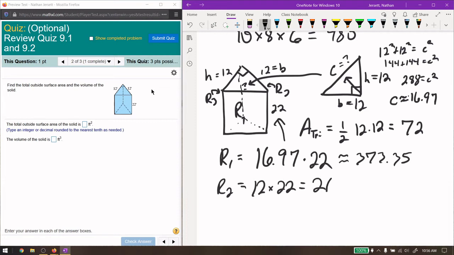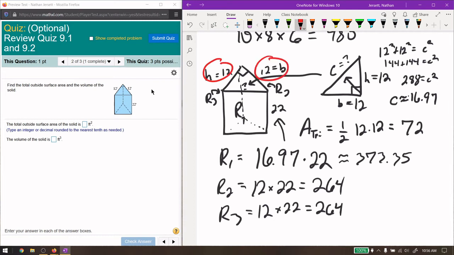Gives us 264. And rectangle 3 is also a 12 by 22. That's because they're on the sides that are given, these dimensions that are given here for these two rectangles. And 22 is, of course, the height of all three of those sides.